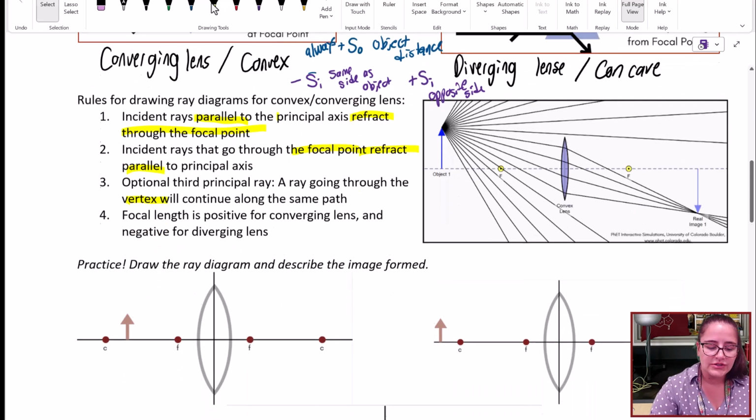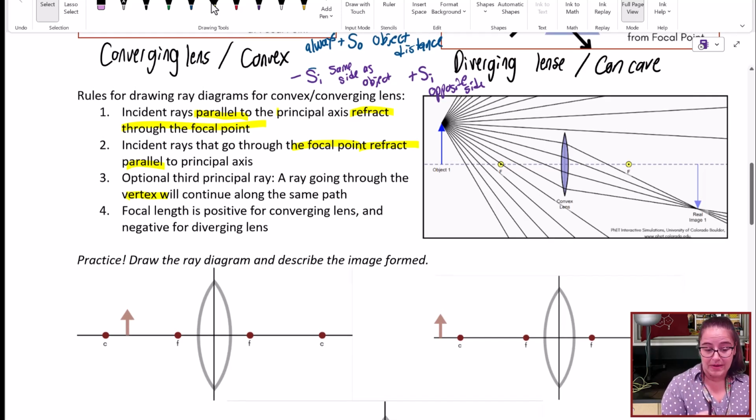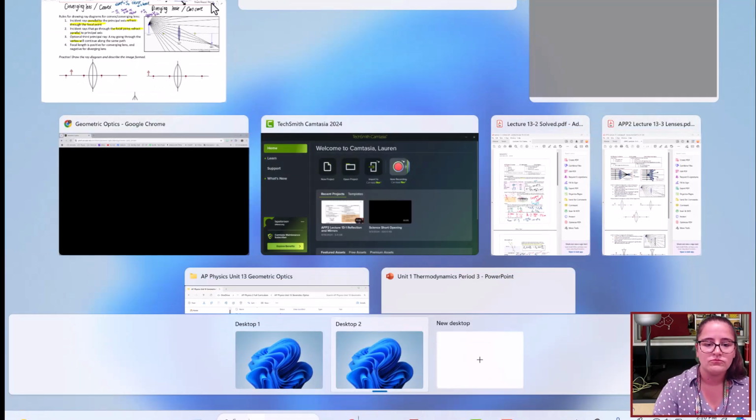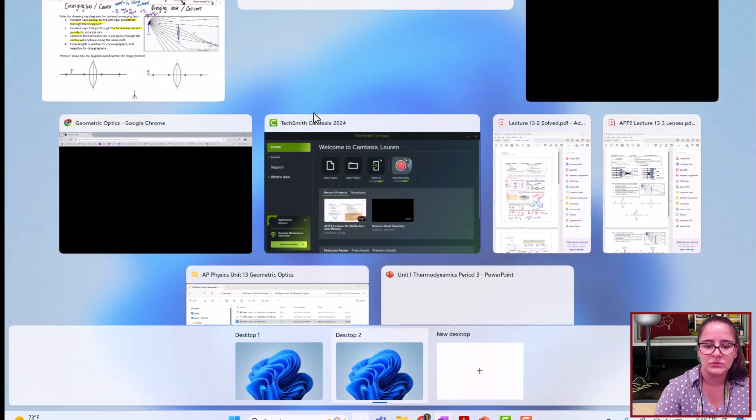Okay, so also we have to remember that we use the positive focal length for converging lenses and the negative focal length for diverging lenses. So let's go ahead and see how this works a little bit with a PhET simulation before we draw some ray diagrams.